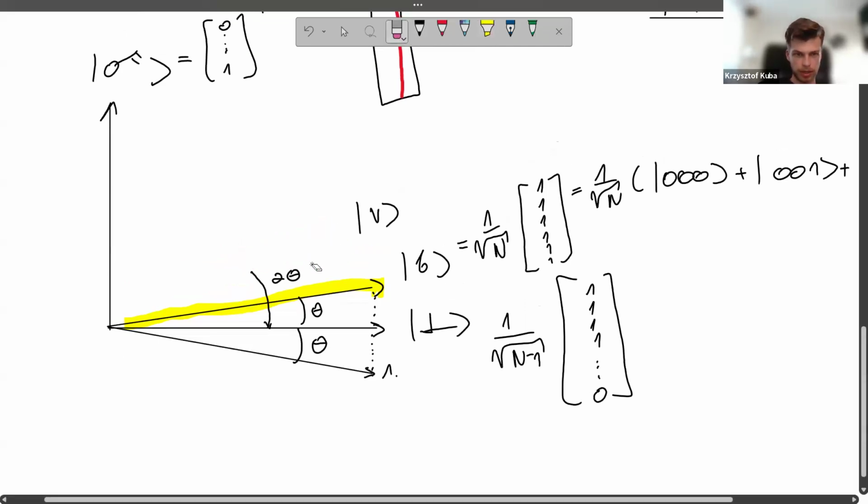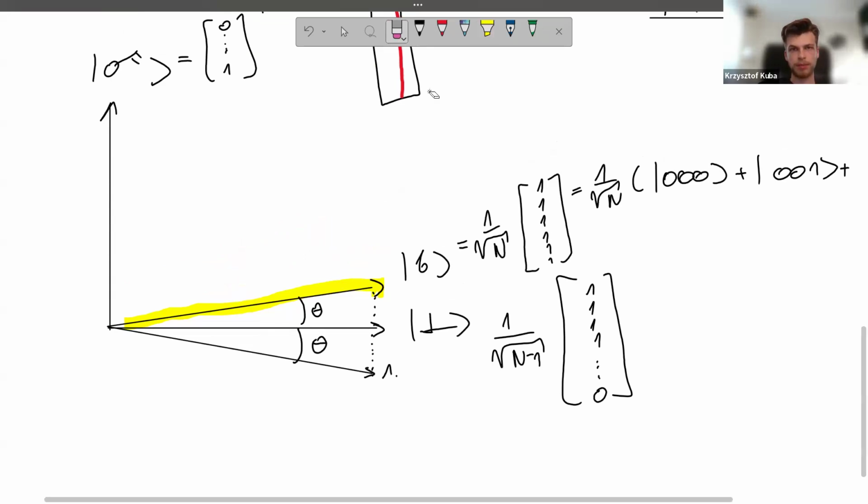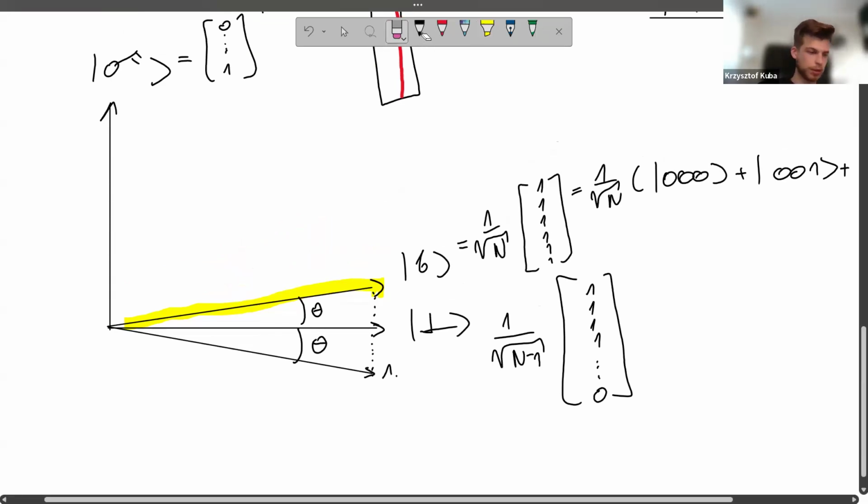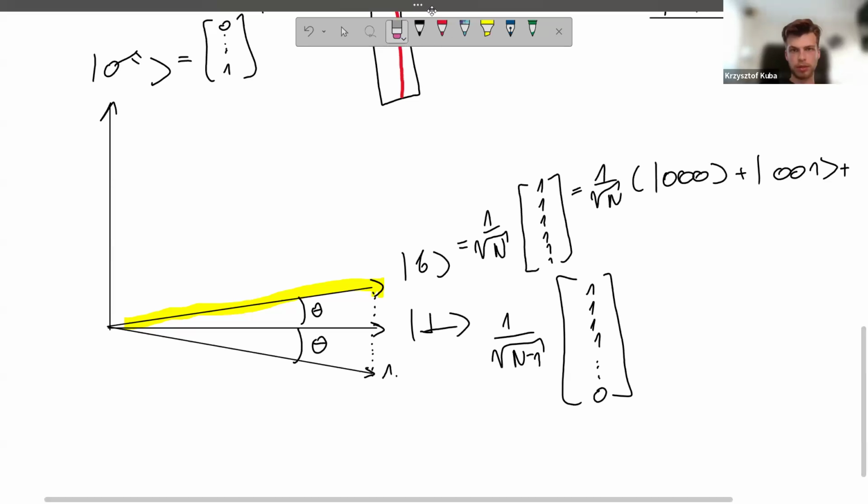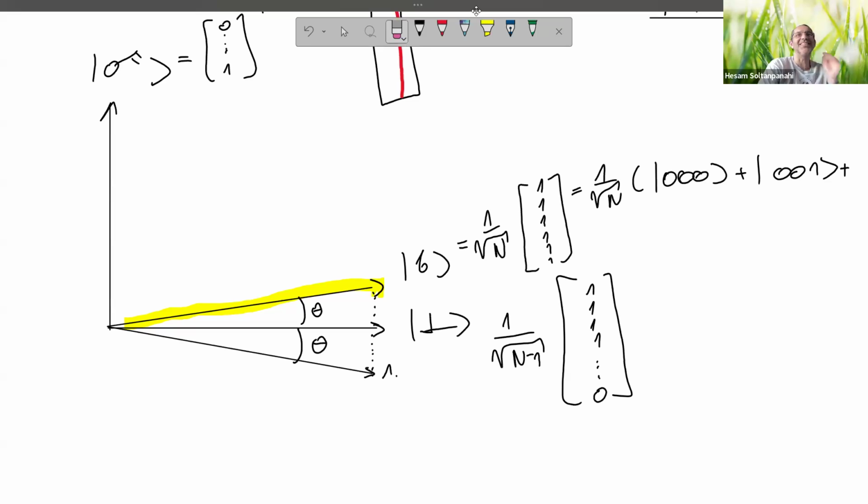I will try to erase this now. Thank you. Oh no, actually, once again this error with the pen. Really annoying. Maybe you need to give it some time for the recording.